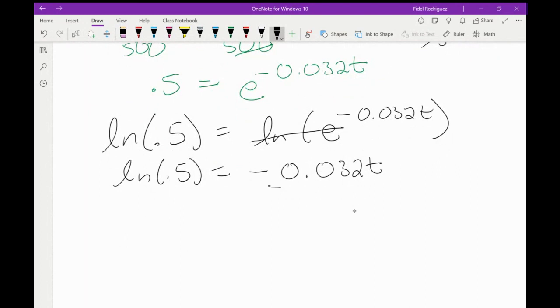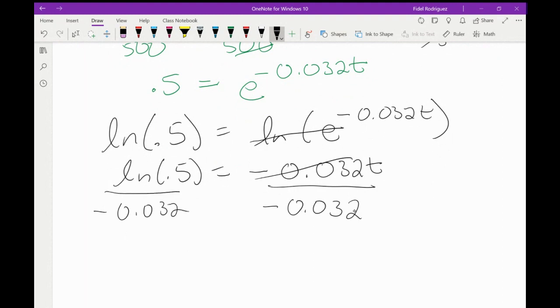And so now to solve for the letter t, I'm going to divide by negative 0.032 on both sides. So we're going to get t is equal to the natural log of 0.5 divided by negative 0.032.